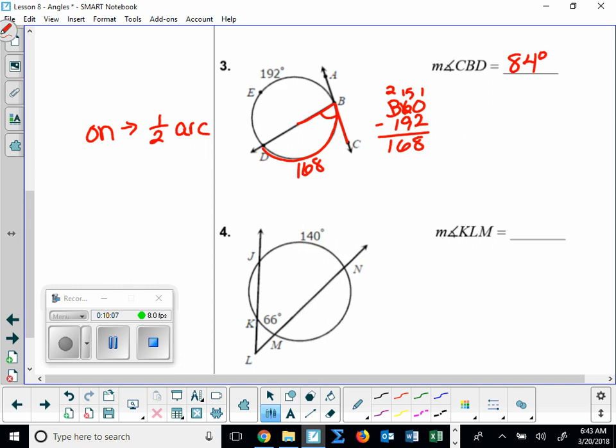Let's look at number 4. Number 4, my angle is out. And I know out is 1/2 the difference. So KLM, this angle, will be half the large minus the small.